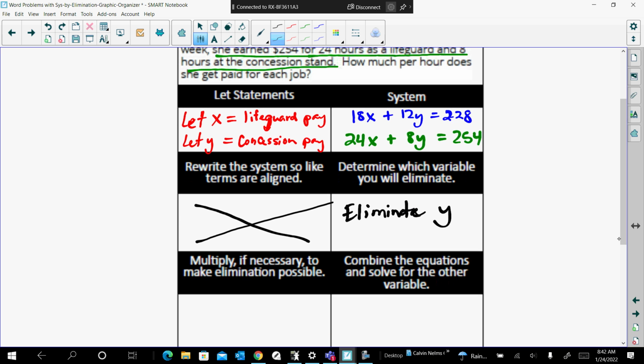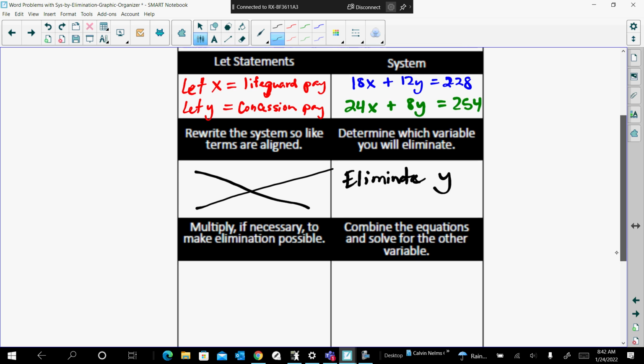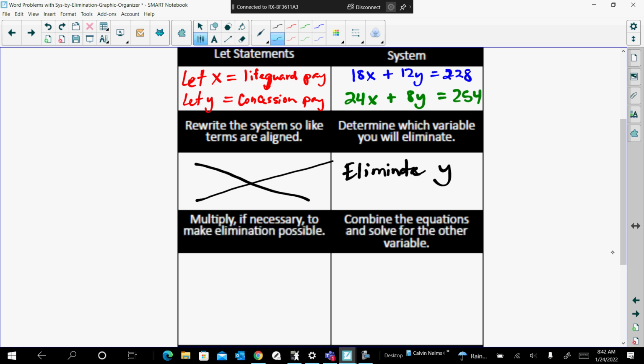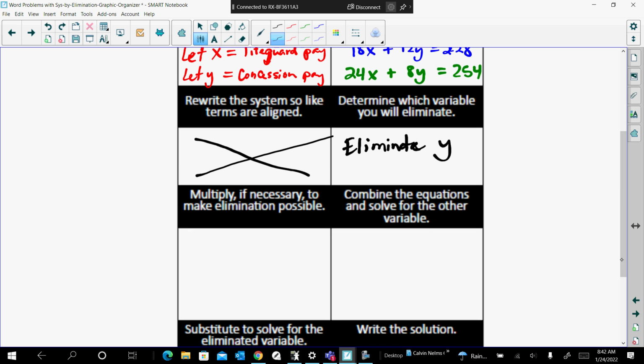Multiply if necessary to make elimination possible. Are we going to need to multiply? Okay, what are we going to need to multiply by? 3 over 2? What? 3. What was the second question? Is that 3 by the first one? No. 3 over 2 for the second. 3 halves. Oh, we're not going to do 5.